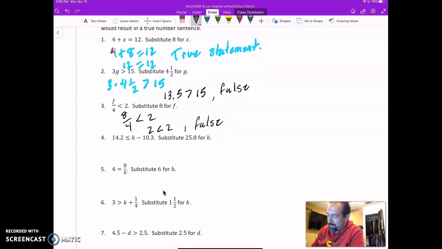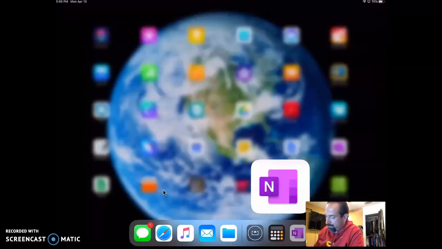Now, this one says substitute 25.8 for h. So we have a new statement, 14.2 less than or equal to 25.8 minus 10.3. Let's find out what 25.8 minus 10.3 is.